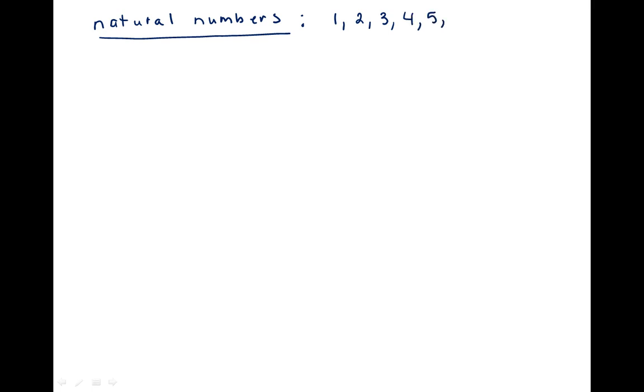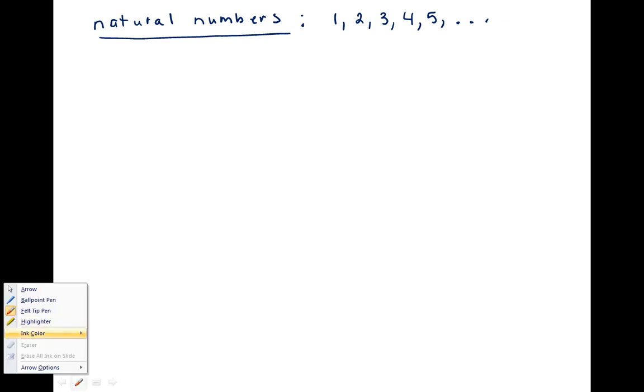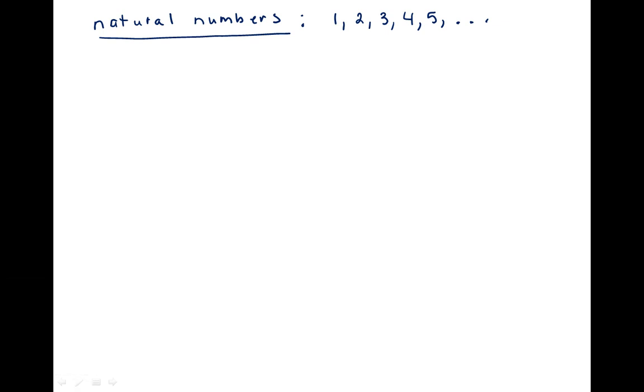So we have natural numbers. And the natural numbers are 1, 2, 3, 4, 5, and so on, etc. And I'll just change my ink color for variety.